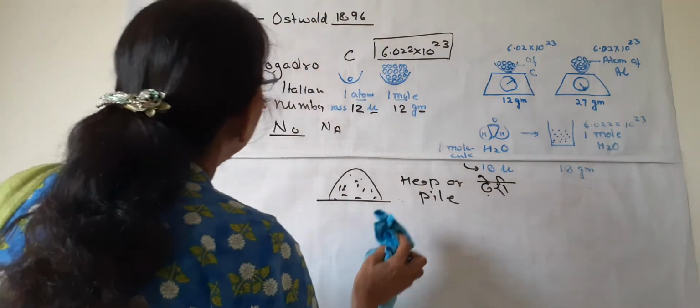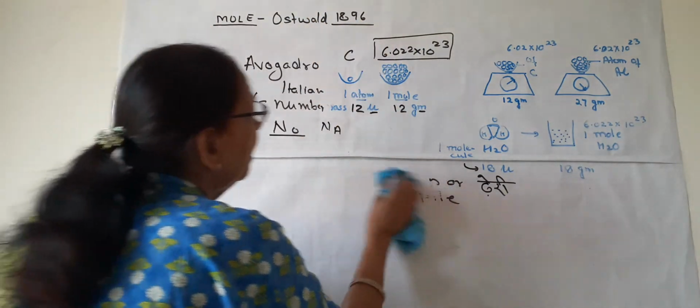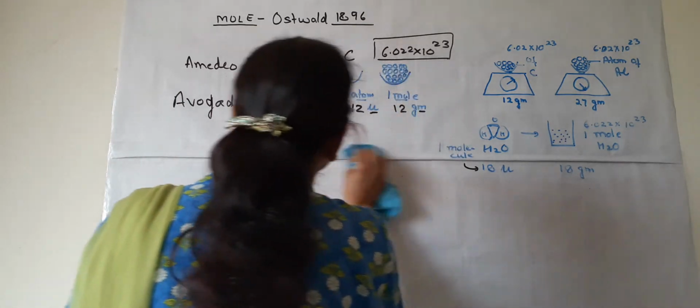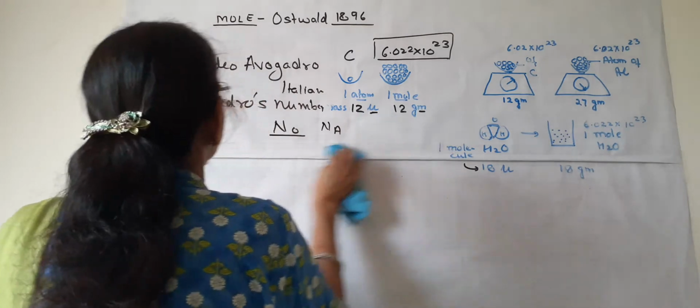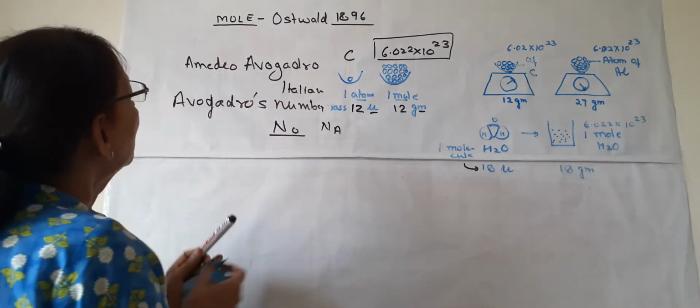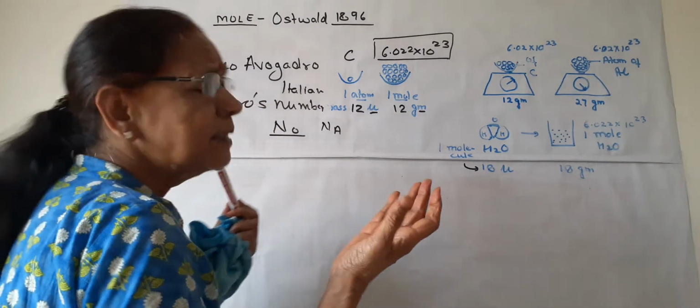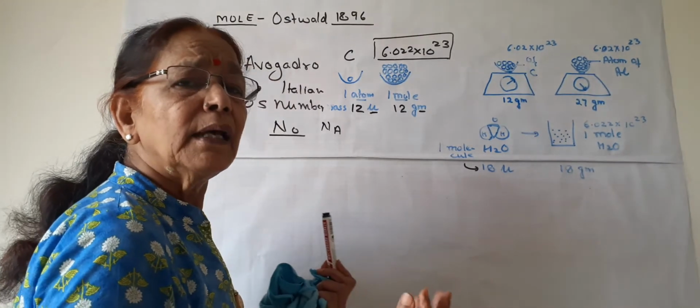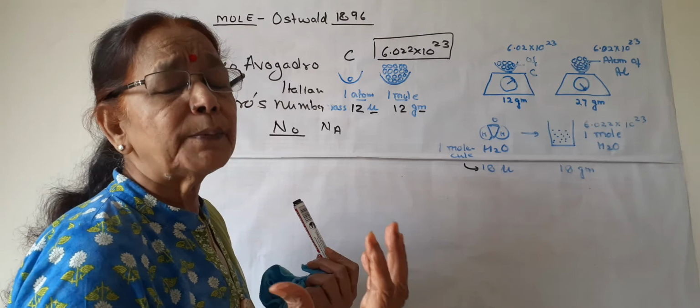This is about the mole, and now we will do some numericals. This is all about the mole in simple language, very simple. In your syllabus, a small part of the mole concept is there.